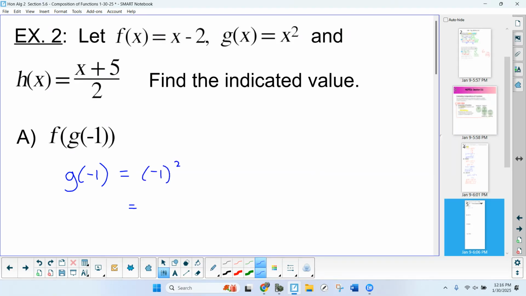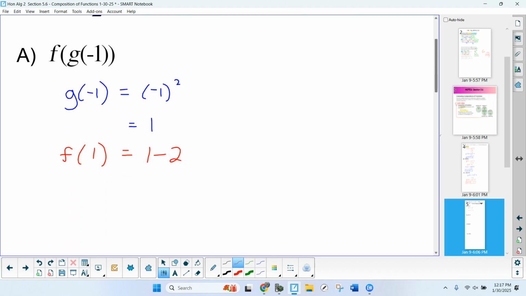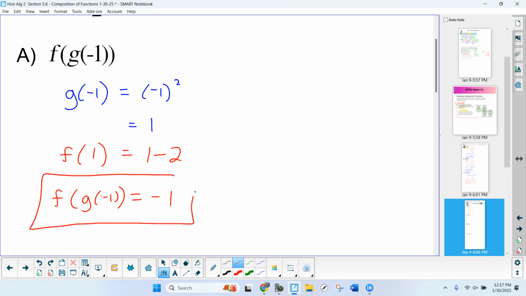What's negative 1 squared? 1. And now you're going to find f of 1, because we want f of g of negative 1, which is f of 1. You're just going to do 1 minus 2. And what's 1 minus 2? Negative 1. So f of g of negative 1 is negative 1.